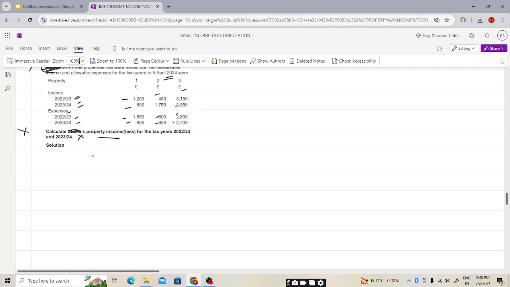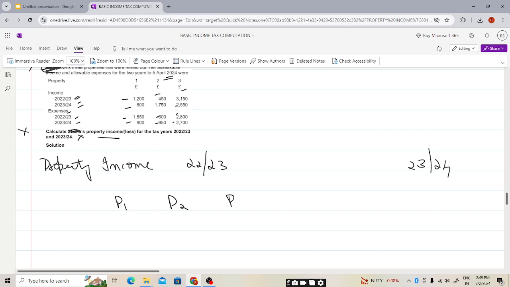Now we need to calculate the property income, for 22-23 and for 23-24. Property will come under the head of non-savings. So property 1, property 2, property 3. Rent, what is the income they are earning? 1200, 450, 3150.